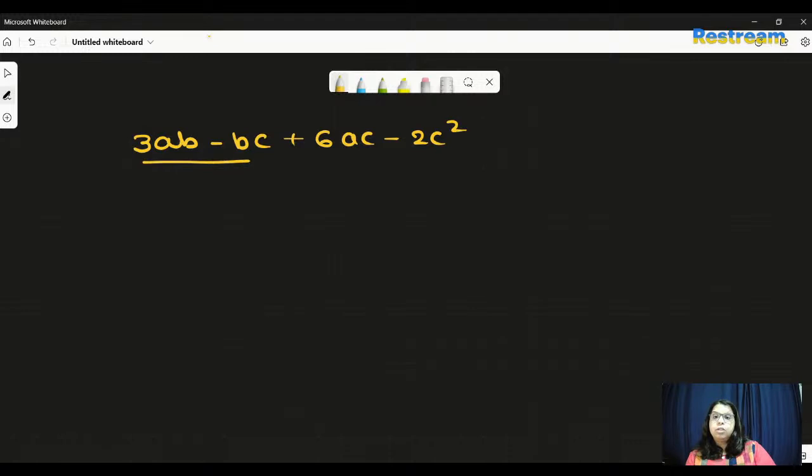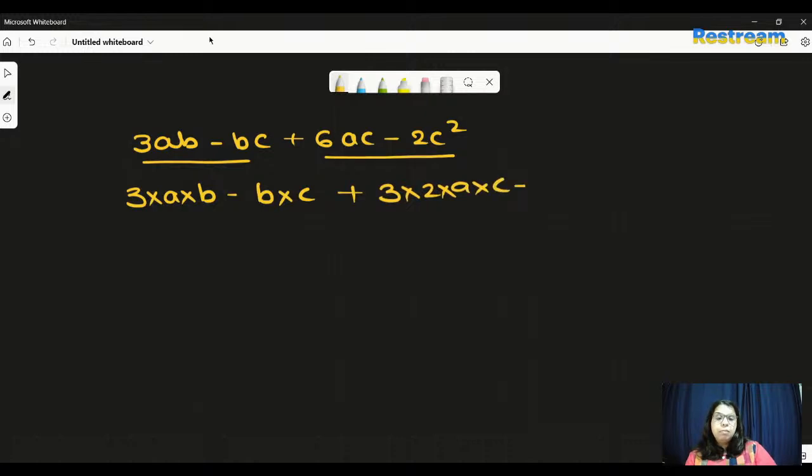Okay, so I'm going to take these two and I'm going to take these two. So in these two brackets, we have 3 times a times b minus b times c, plus 3 times 2 times a times c minus 2 times c times c.